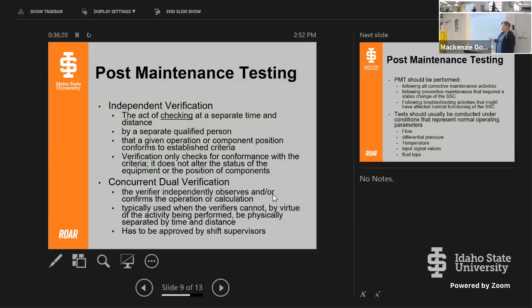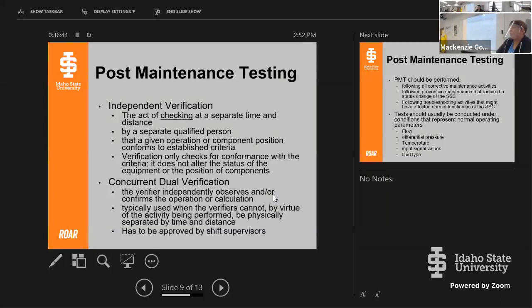With calculations, this is the one that I saw done wrong the most. They'd watch somebody enter it in the calculator and write down the values in the procedure, right on that checklist. Then they'd sign their name to it. And it turns out that there was an error that the first person made. And then immediately they would get written up for ConOps because that wasn't verification. That was just a signature, right?